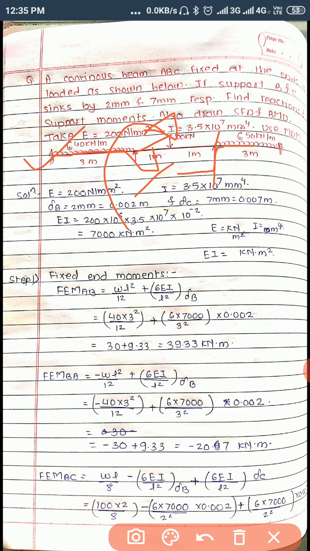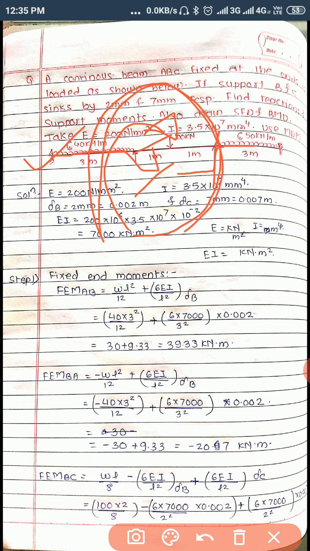Support B settles downward, and to avoid that settlement the beam has to create an internal moment, and the direction of this moment is anti-clockwise.